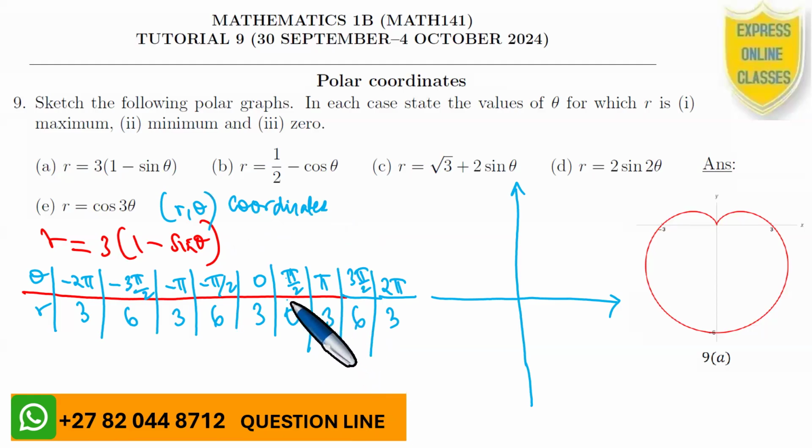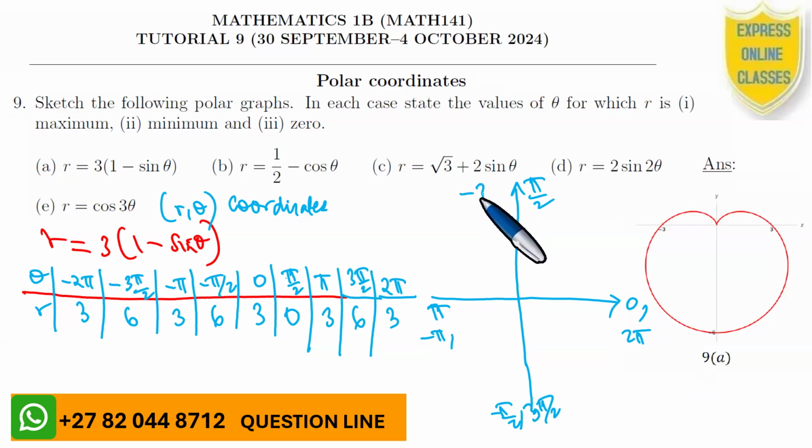Okay, 0, pi over 2 radians, we have pi, 3 pi over 2, then 2 pi. But you can also go clockwise: minus pi over 2, minus pi, minus 3 pi over 2, minus 2 pi.